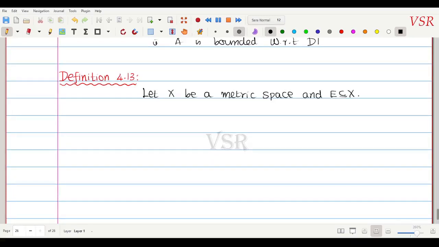Be a non-empty subset. Okay, a function f is a function from E to r power k is said to be bounded.